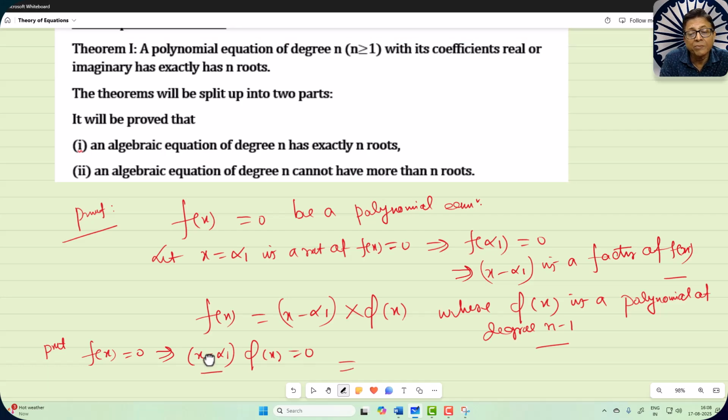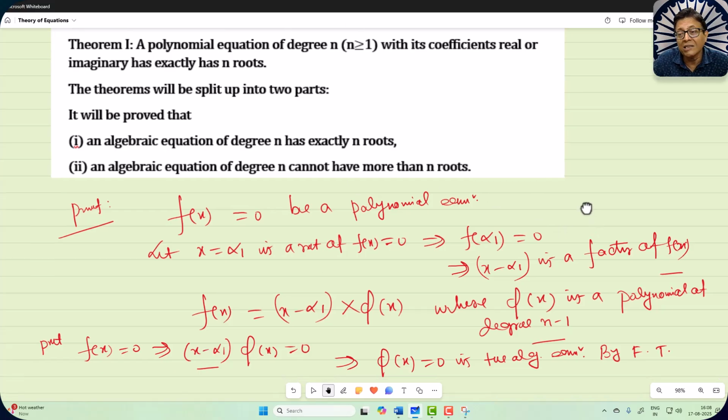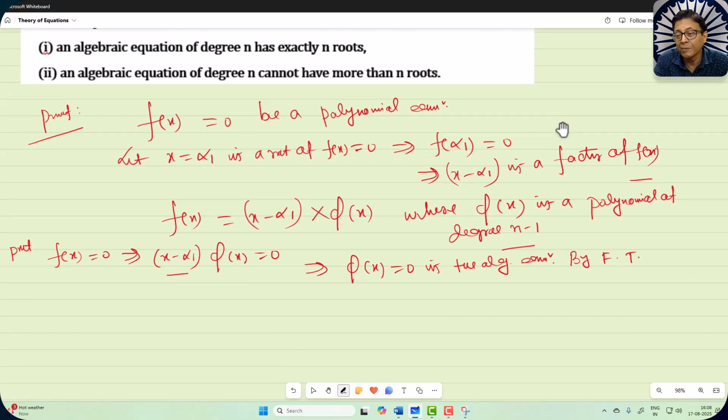So this implies that phi(x) = 0 is an algebraic equation, and by the fundamental theorem it has at least one root, x = alpha 2.